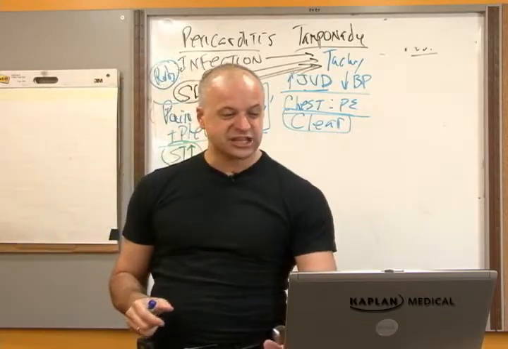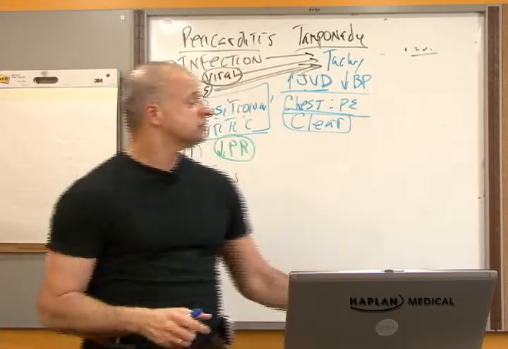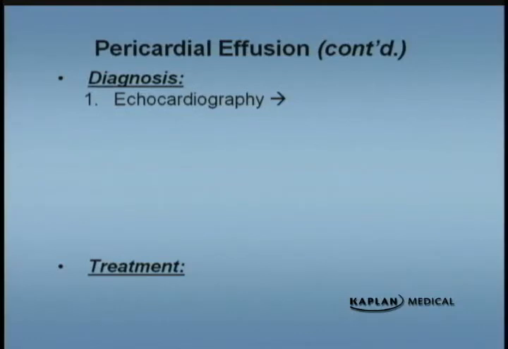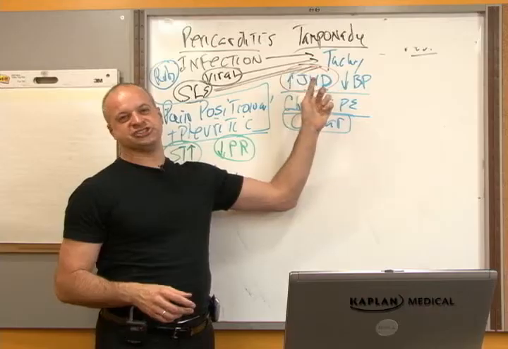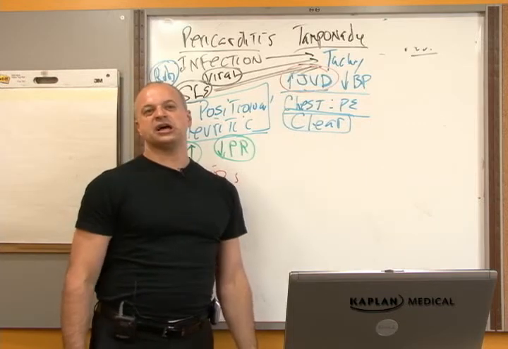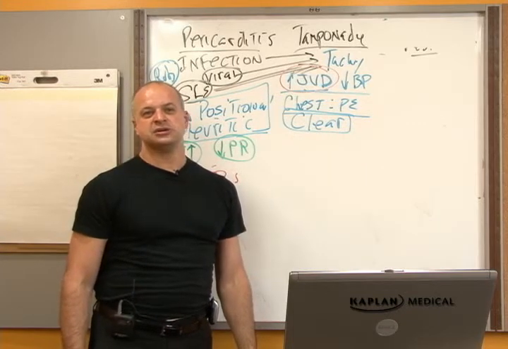So how are you going to tell that that's not a person who has a pulmonary embolus? Pulmonary emboli would not give jugular venous distension.